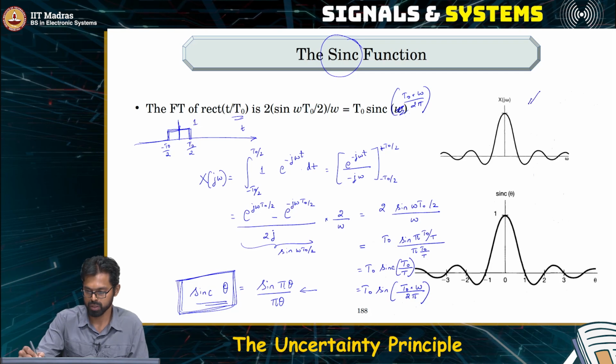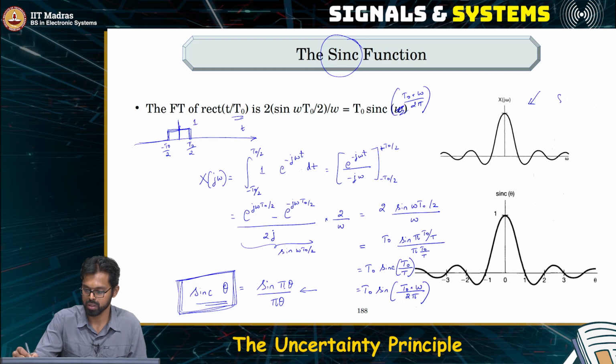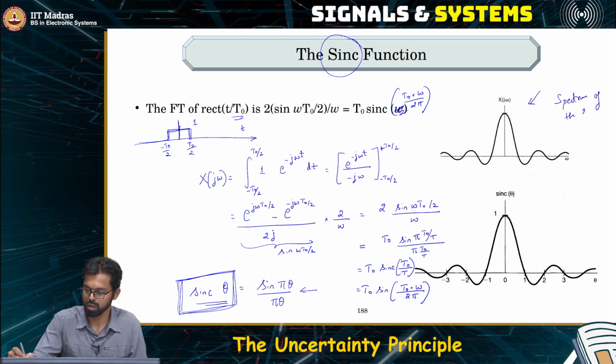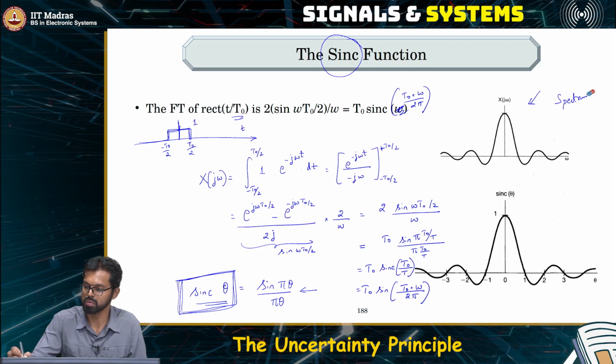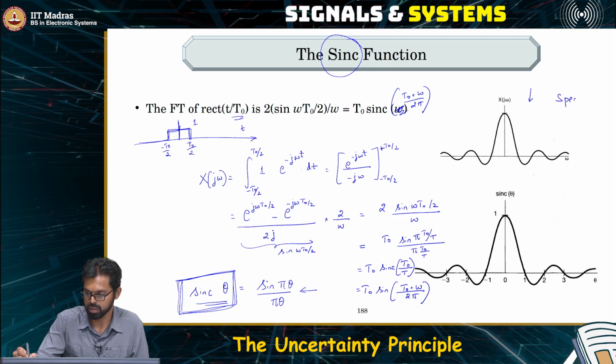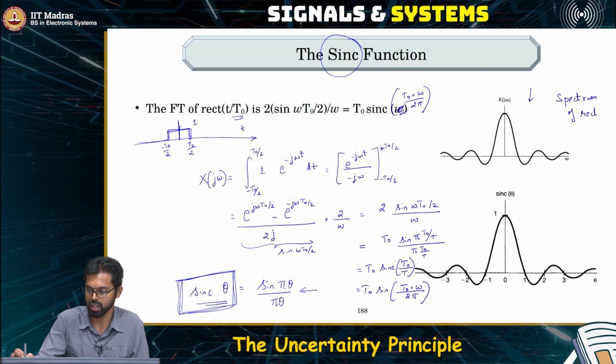So this is the representation of the rectangular pulse in terms of its spectrum. So this is the spectrum of the rectangular pulse. Now it of course looks like the sinc we just derived.